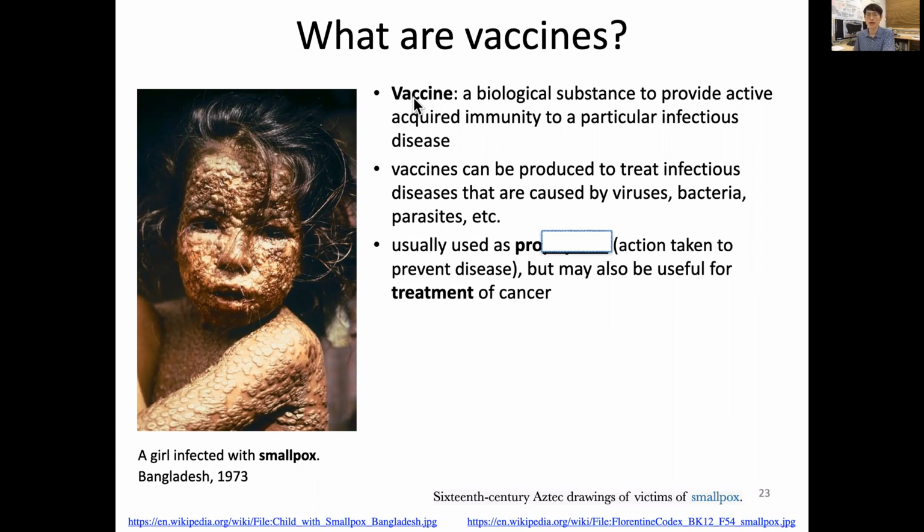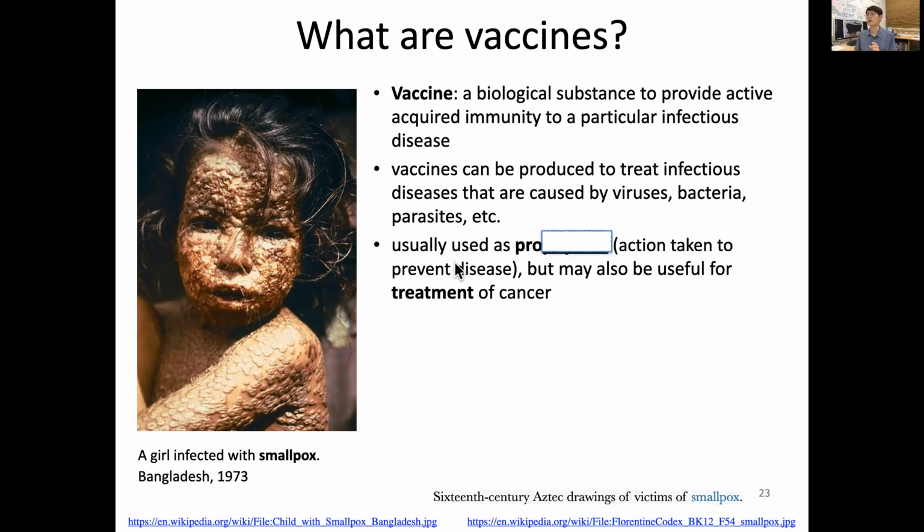And what are vaccines? A vaccine is a biological substance that provides active acquired immunity to a particular infectious disease, such as smallpox. Vaccines can be produced to treat infectious diseases that are caused by viruses, bacteria or parasites.